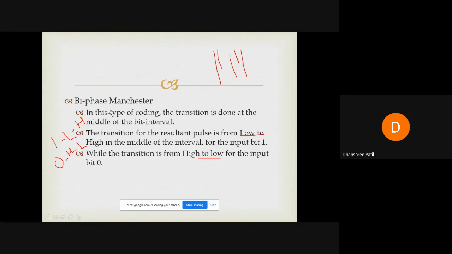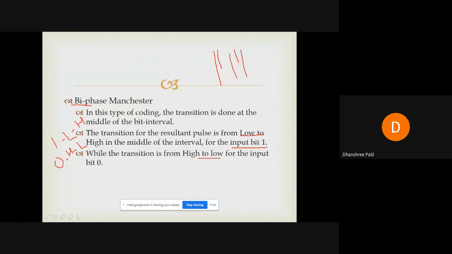Okay. So in biphase Manchester, or only Manchester, the transition is done at the middle of the bit interval. The transition for the resultant pulse is from low to high in the middle of the bit interval for input bit 1.